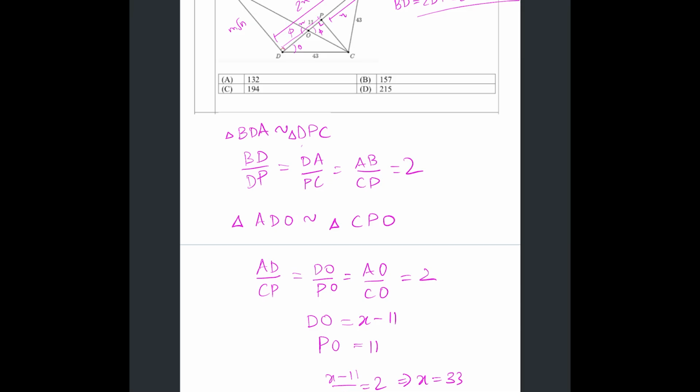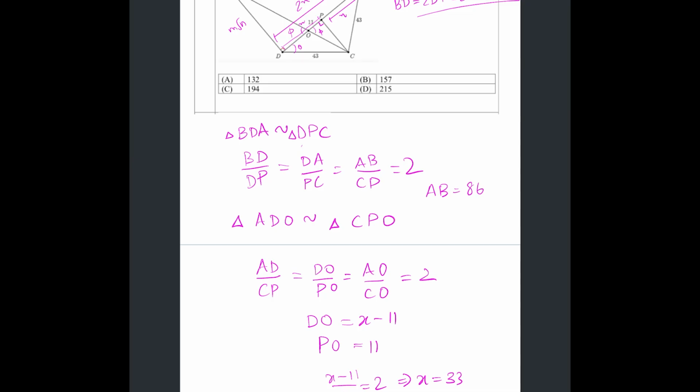now what do we need to find? We need to find this side AD, right? Now using this relation here, AB is equal to 2CD. We know length of CD is 43, which gives us AB is equal to 2 times 43, which is 86, right?